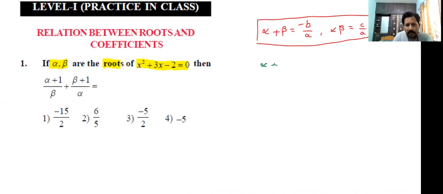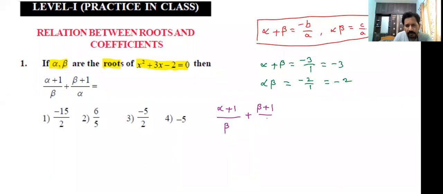Now, what is alpha plus beta, students? Minus 3 divided by 1, that is minus 3. And the product of the roots, alpha beta, c by a, minus 2 by 1, that is minus 2. Okay, now we need to find (alpha plus 1) divided by beta plus (beta plus 1) divided by alpha.